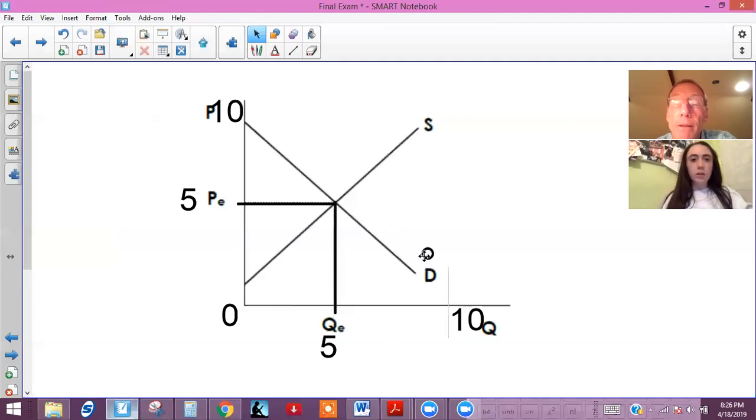More inelastic, because you're at the higher end of your quantity, so just a little bit of a change. Once prices get that low, it tends to not make a lot of difference in terms of quantity. The percentage change in quantity doesn't change a lot.